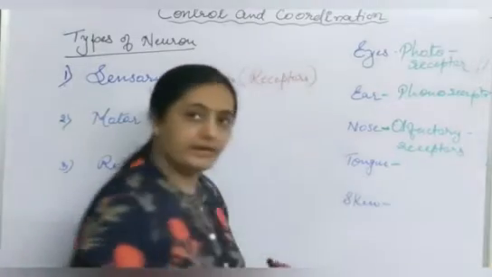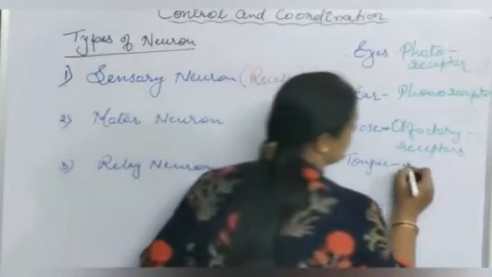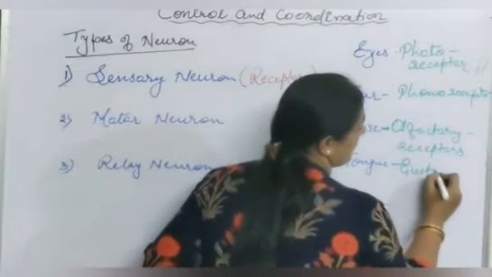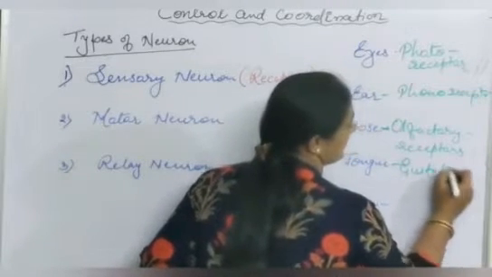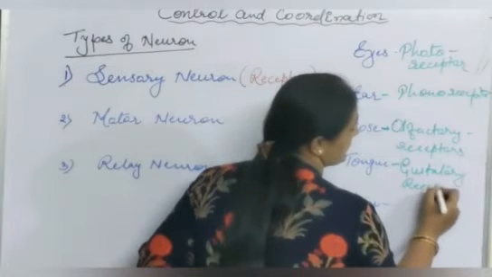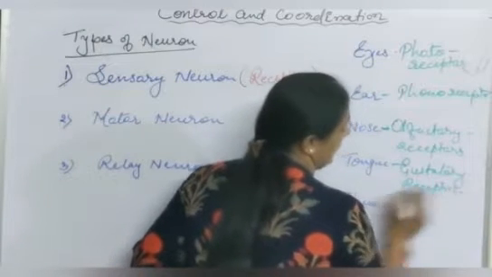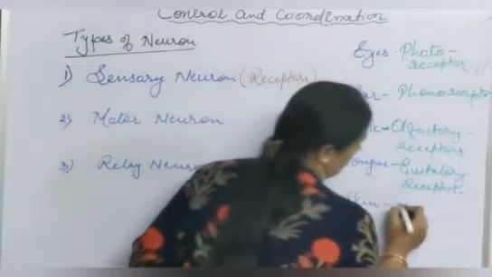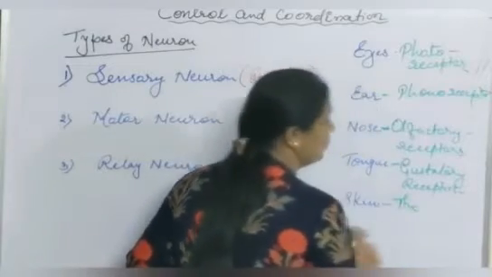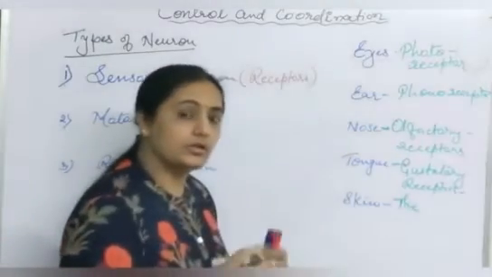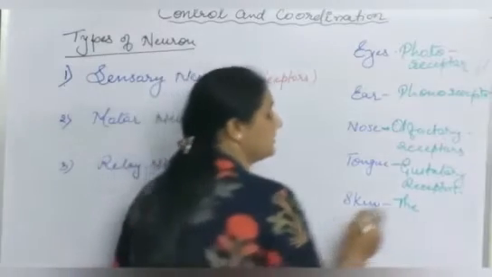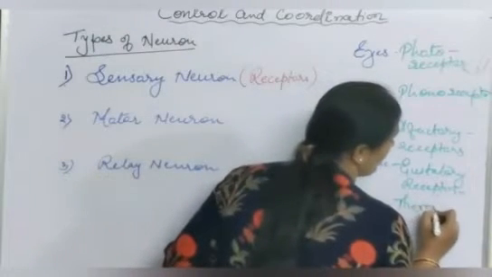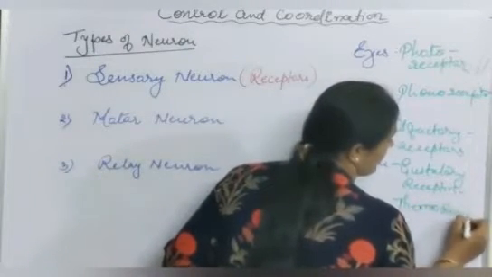Tongue identifies taste and hence is called gustatory receptors. And in skin, they are able to recognize temperature and hence are called thermoreceptor.